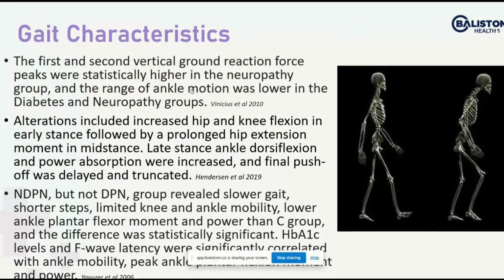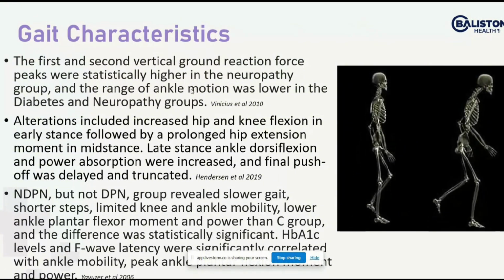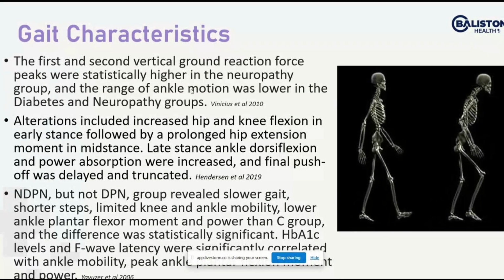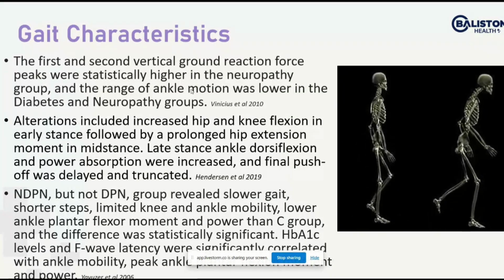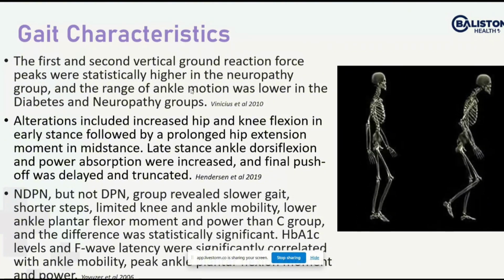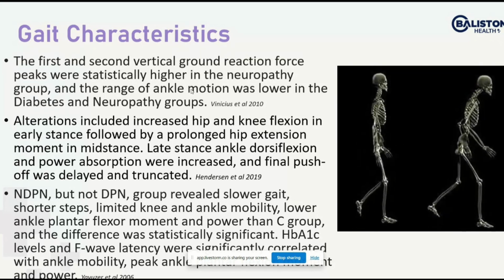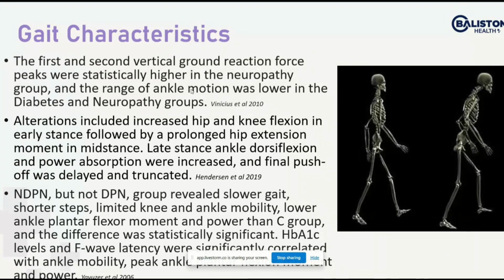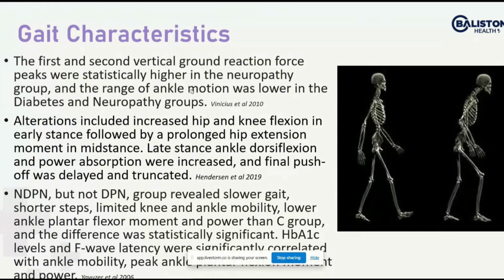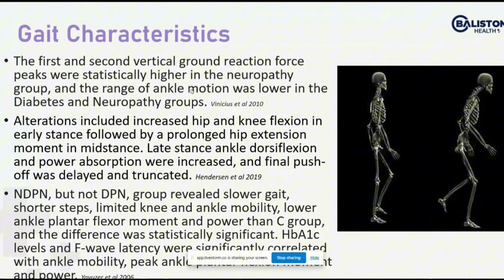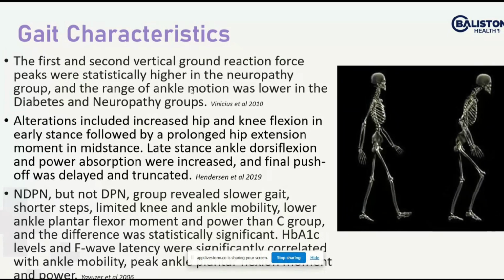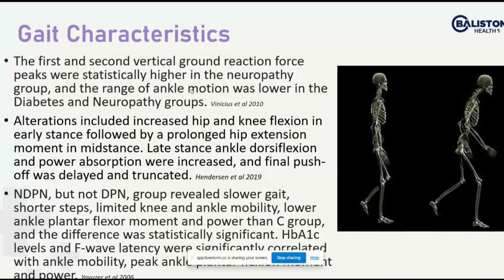Actually, our colleagues here at the company presented a paper a few years ago, in being able to use our system to evaluate diabetics and do the comparison between a control group, the group that actually has diagnosed neuropathy, and then the group that does have diabetes, but they're not diagnosed with neuropathy. And we're able to identify that even before people have neuropathy, there's some changes in their gait patterns.